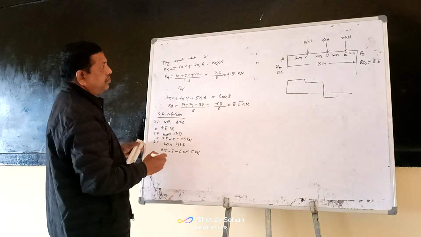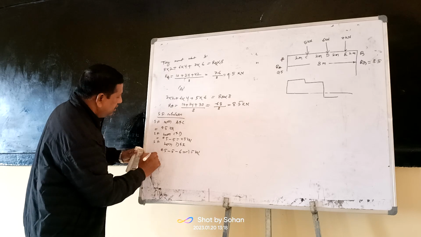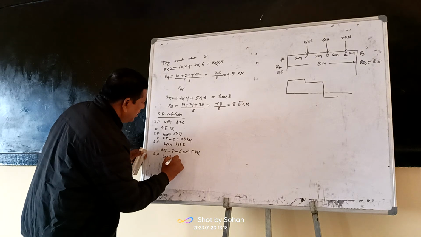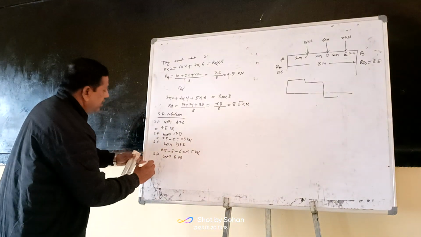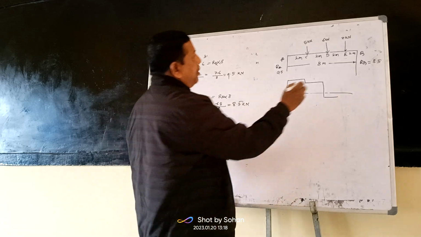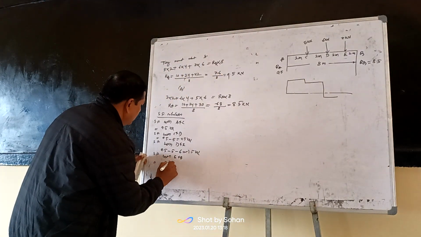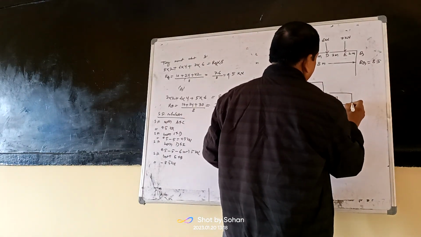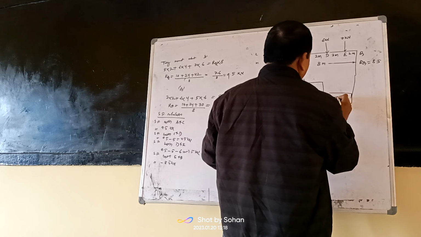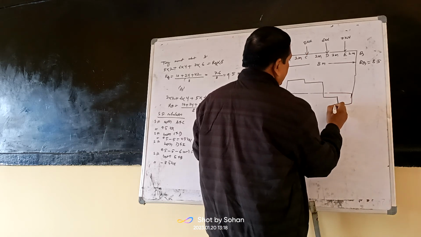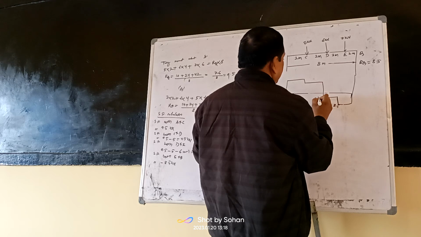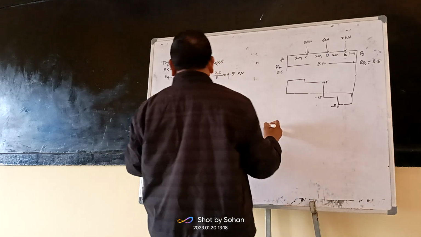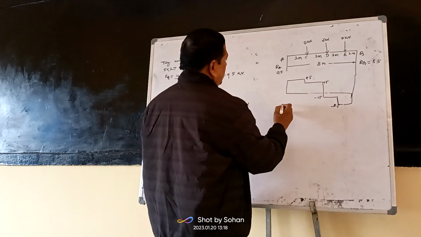Then the shear force between E and B is equal to minus 8.5 kilonewton, since minus 1.5 minus 7 is minus 8.5.